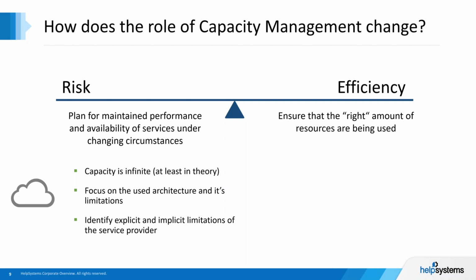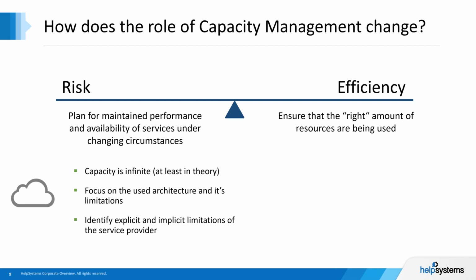trying to identify if there are any explicit or implicit limitations of the service provider, because even though cloud is supposed to be this infinite set of resources, it's still servers running in a data center.